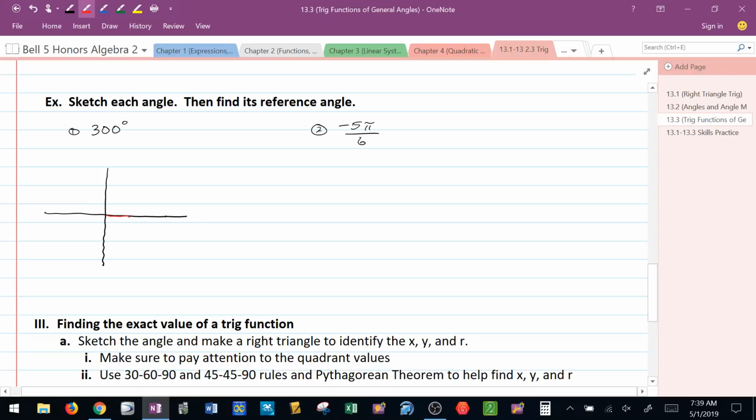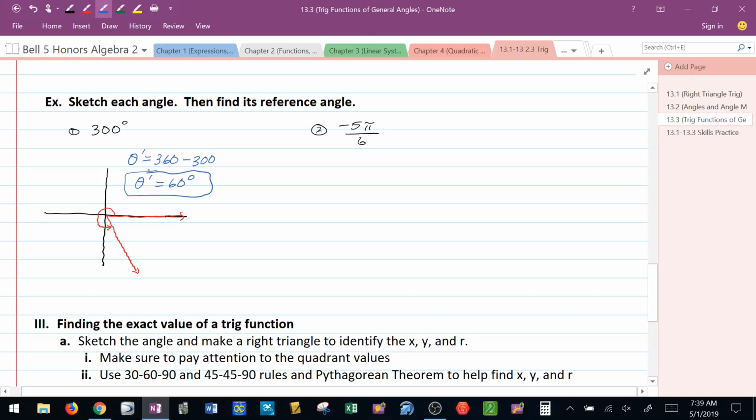It has an initial side, the positive x-axis, and then it's going to come down right about here, creating this angle to be 300 degrees. Now, I notice that this terminal side is in quadrant 4. So its reference angle, or theta prime, is going to be found by taking 360 minus 300, or its reference angle is 60 degrees. That's it.